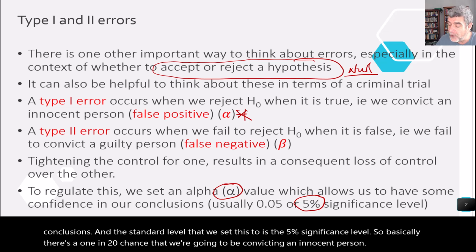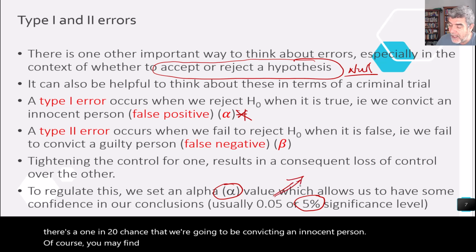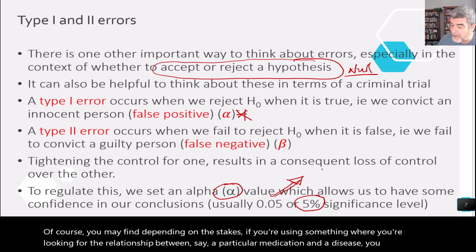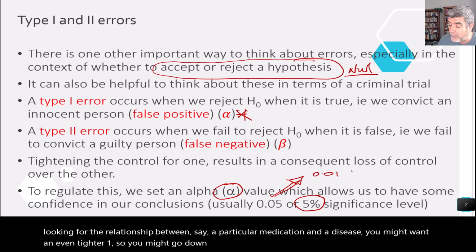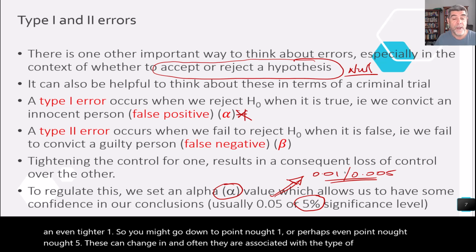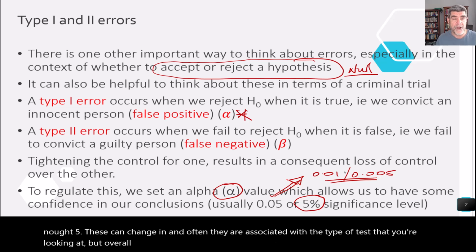Now, of course, you may find, depending on the stakes, if you're looking for the relationship between, say, a particular medication and a disease, you might want an even tighter one. So you might go down to 0.01 or perhaps even 0.005. These can change, and often they are associated with the type of test that you're looking at. But overall, the focus is to minimize our chances of making a type 1 error.